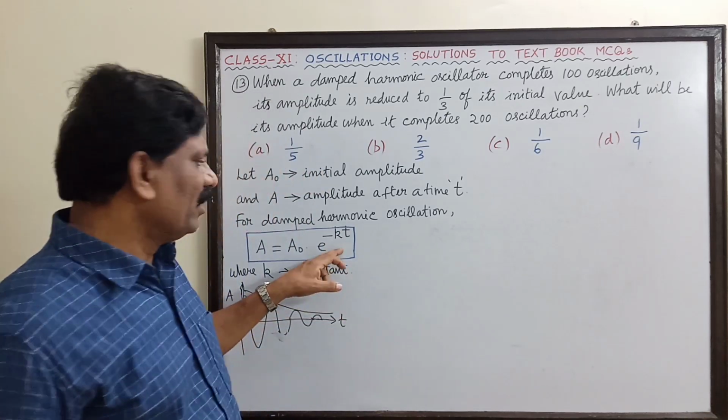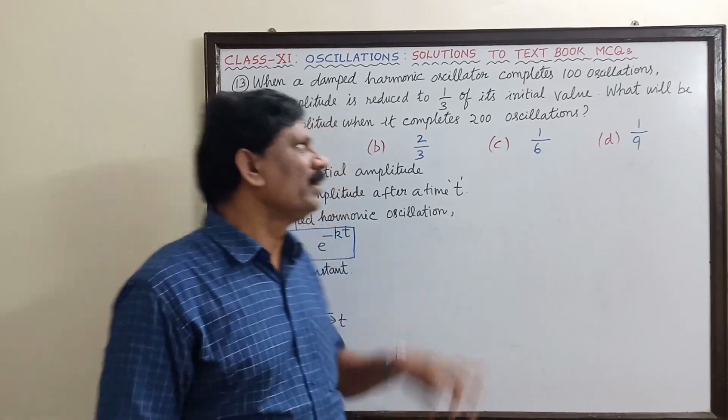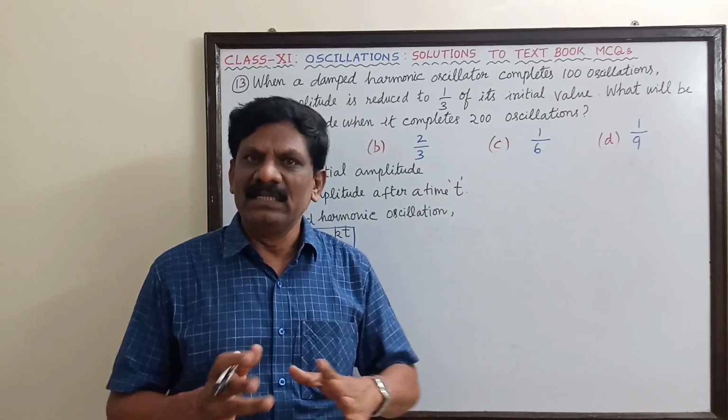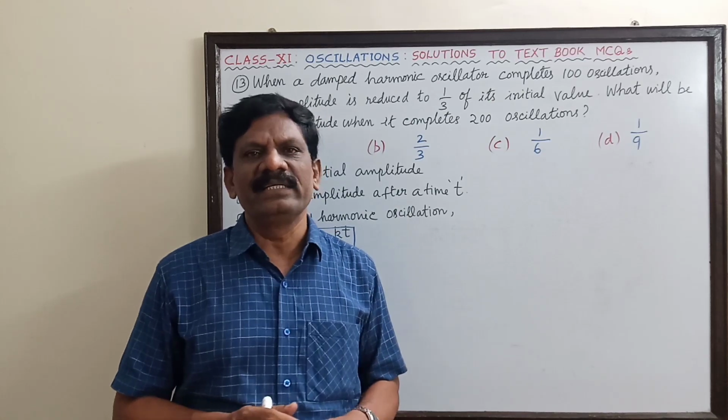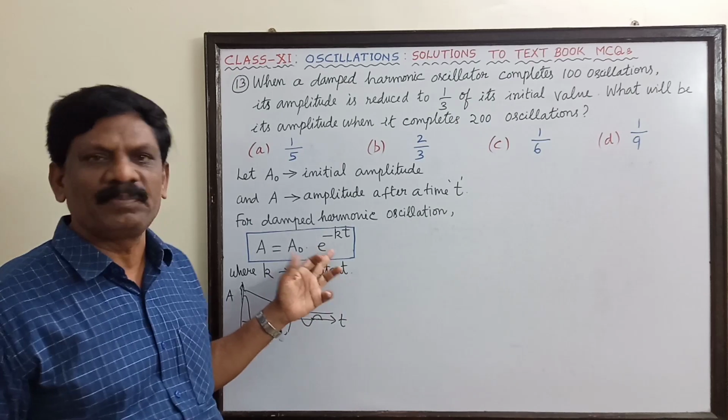The formula and the mathematical derivations of damped harmonic oscillations are not in the Tamil Nadu syllabus, but they are in the NEET and IIT entrance exam syllabus. So it is better if you learn this expression.